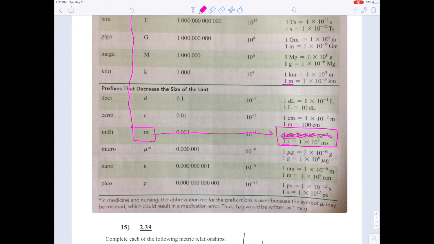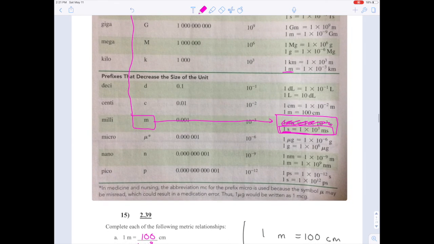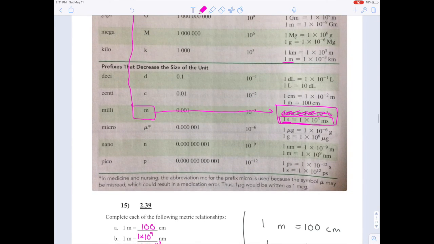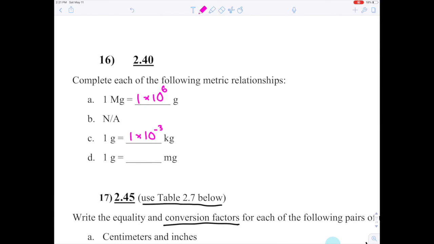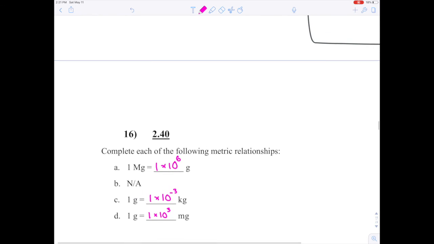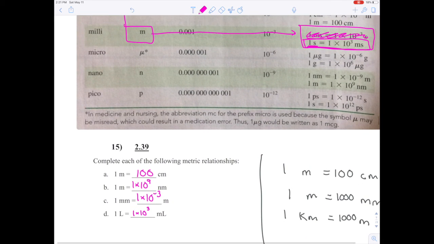In the bottom one, the 1 is with the unit that doesn't have the milli, so this is that one. So 1 base unit equals 1 times 10 to the third milli of the base unit. So 1 gram equals 1 times 10 to the third milligrams. In other words, 1,000 milligrams are in 1 gram.